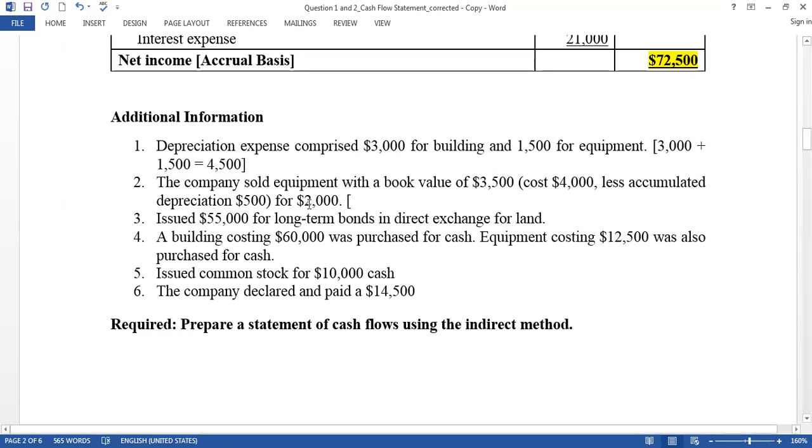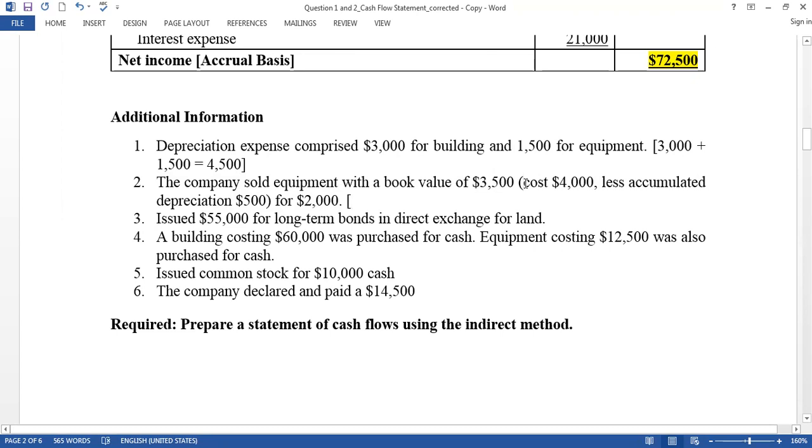The question said that the company sells equipment with a book value of 3,500. Okay, so how to calculate the book value? It is mentioned here.